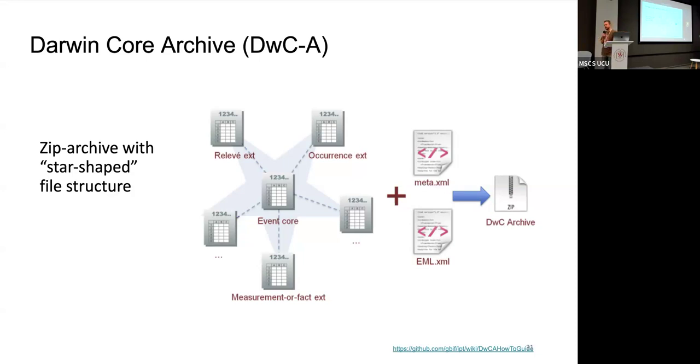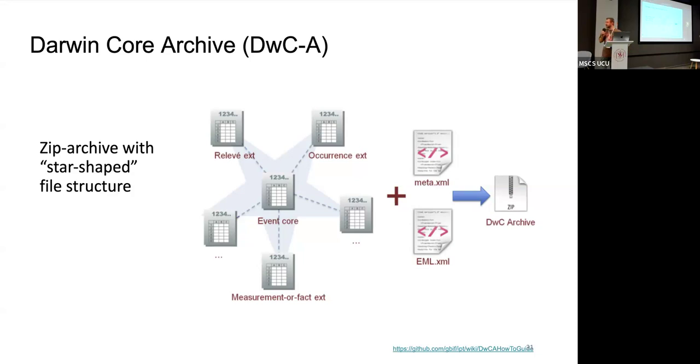Okay, there is another tabular unit in another spreadsheet, measurement or fact, which has its own unique identifiers linked to unique identifiers from occurrences, and stores the data about leaf area, number of petals and blossoms, and so on, whatever they measured during the survey.